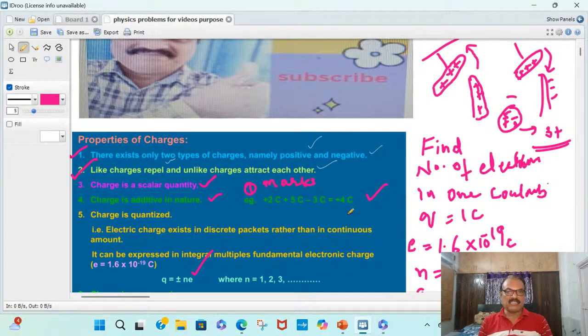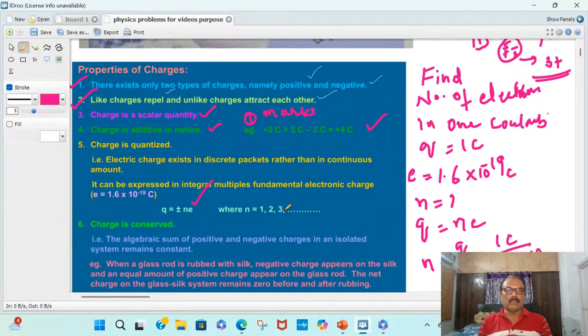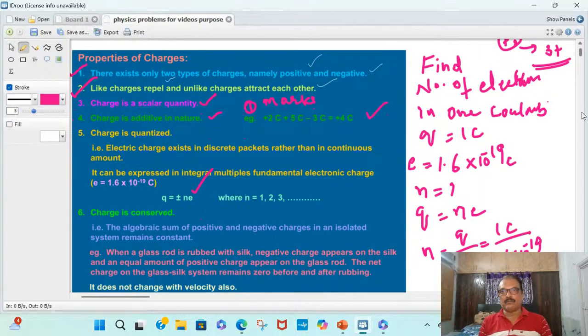The smallest charge in the universe is the electron. There are charges called quarks, which exist only as one third and two third of the electron charge.